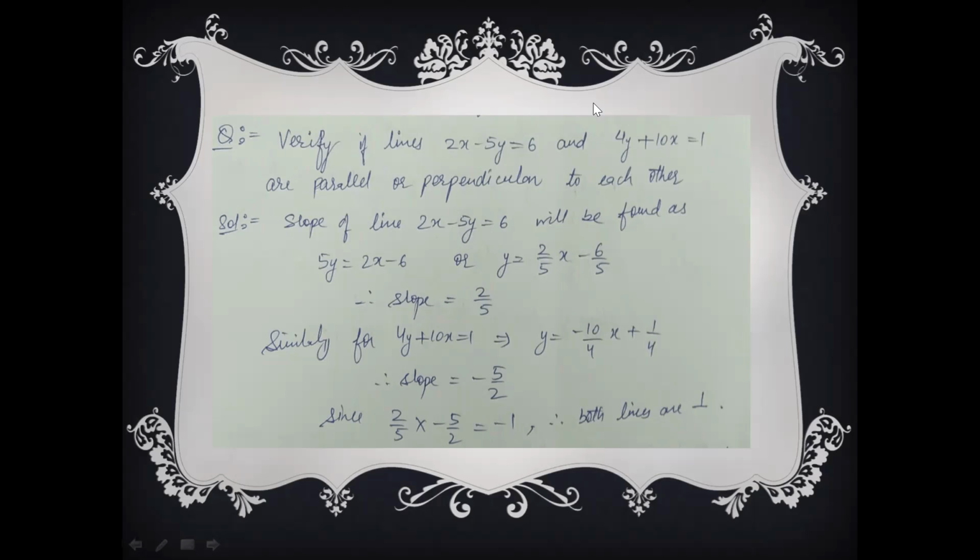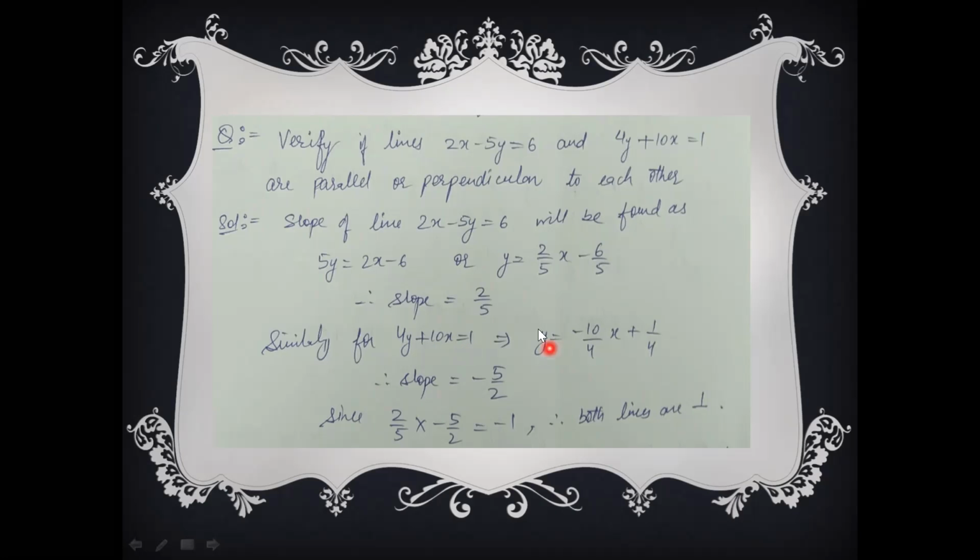Similarly, for the second line, we have 4y plus 10x equal to 1.